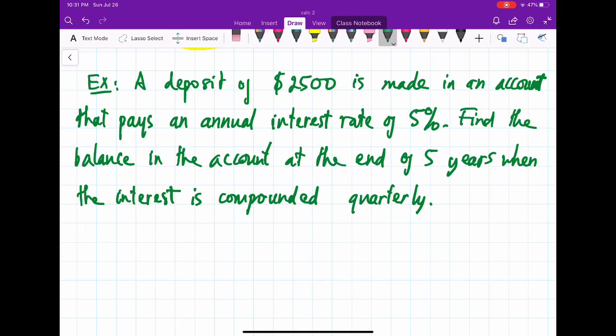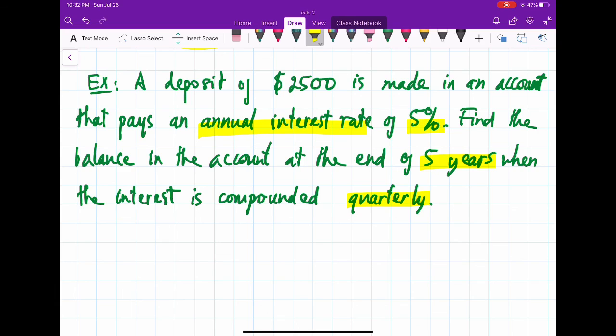To finish this video, let's consider the following example. A deposit of 2,500 is made in an account that pays an annual interest rate of 5%, okay? And they ask us to find the balance in the account at the end of 5 years when the interest is compounded quarterly.